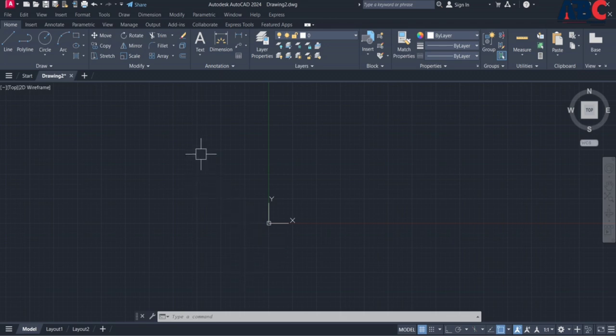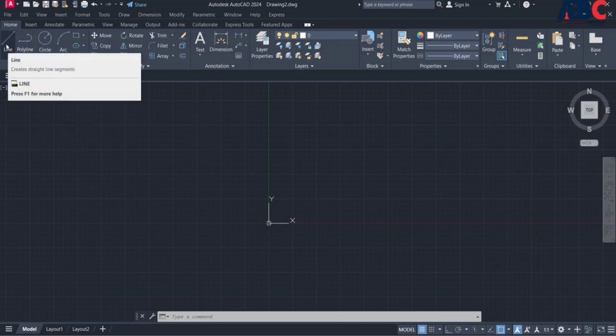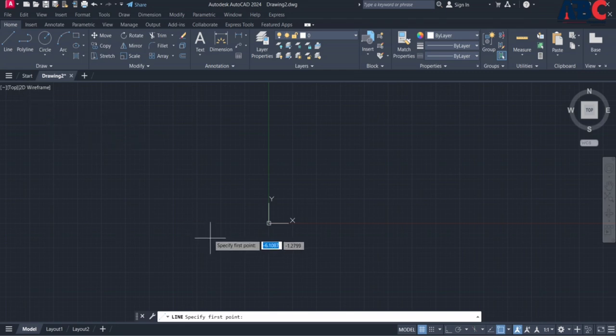This is the difference between the absolute coordinate system and the relative coordinate system. So for specifying the next coordinate point in the relative coordinate system, we have to put the at-the-rate symbol (@) before specifying the points.